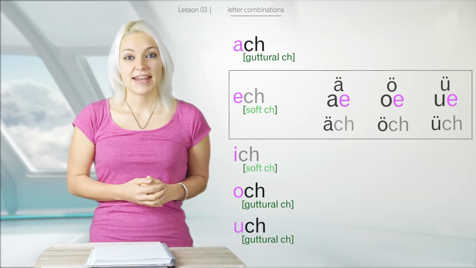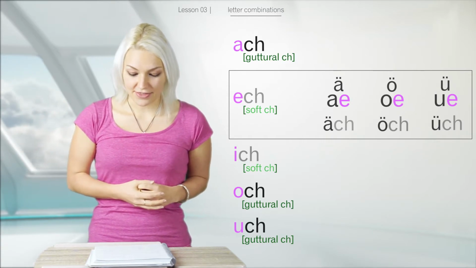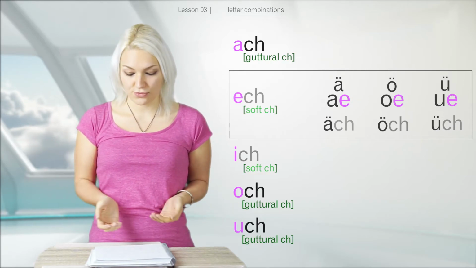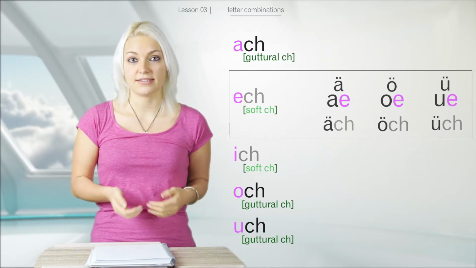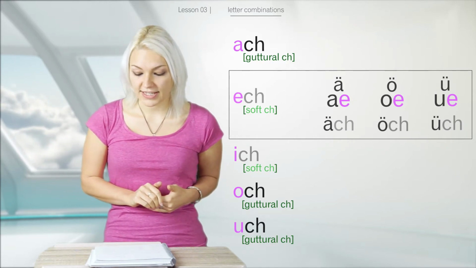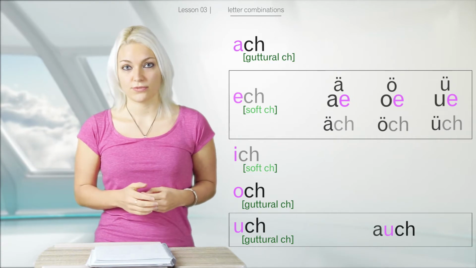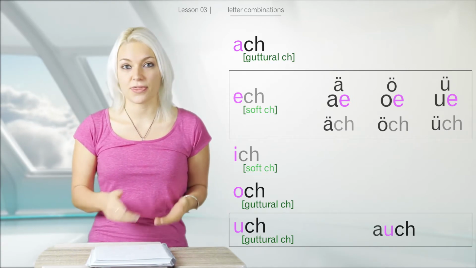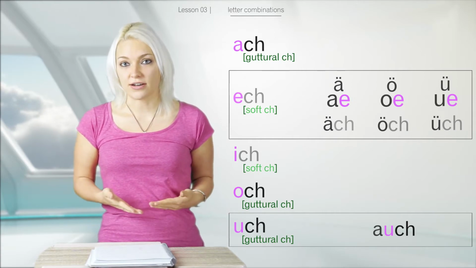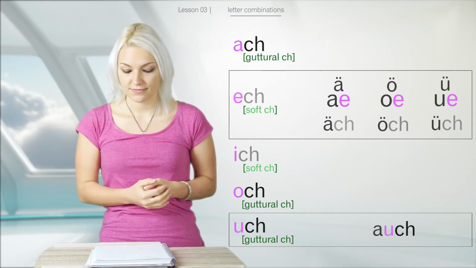Then after other vowel combinations like AU, EU, ÄU, EI, IE, the same rule applies. Let's look at AU. It ends with a U, and after U we have the rule, the CH is hard, it's in your throat.